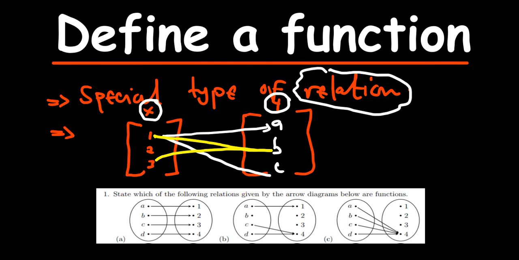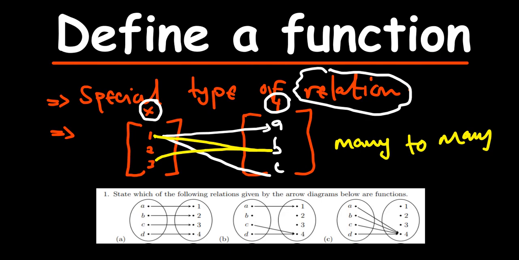So we know that such type of a relation will be called a many-to-many, because we have many elements of the first set going to many elements of the second set, and also vice versa. So this here is a many-to-many relation.